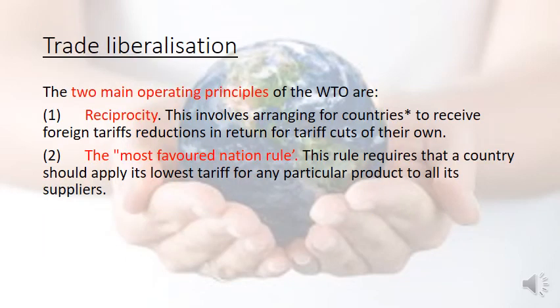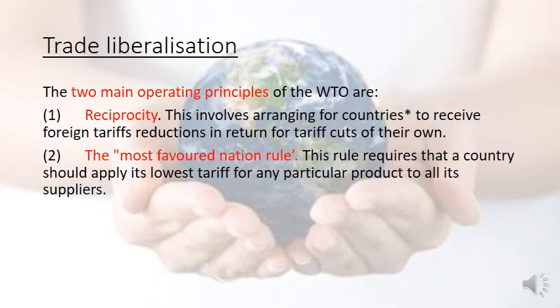When we talk about trade liberalisation, there are two main operating principles of the World Trade Organization. The way that they come to their decisions is based on two principles. Reciprocity, which means that what you allow one country to give, you should give the same to that country.